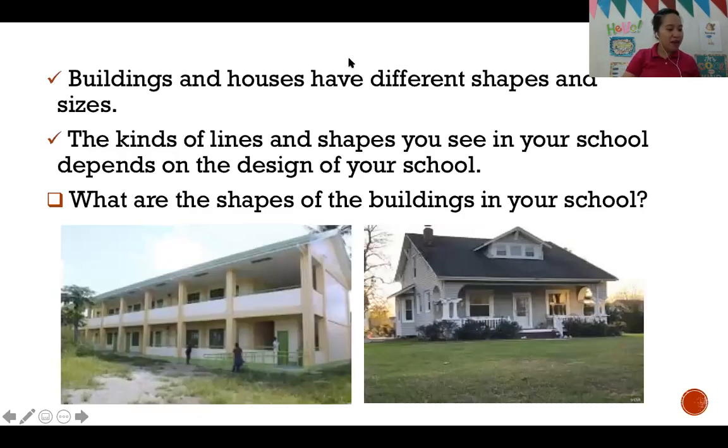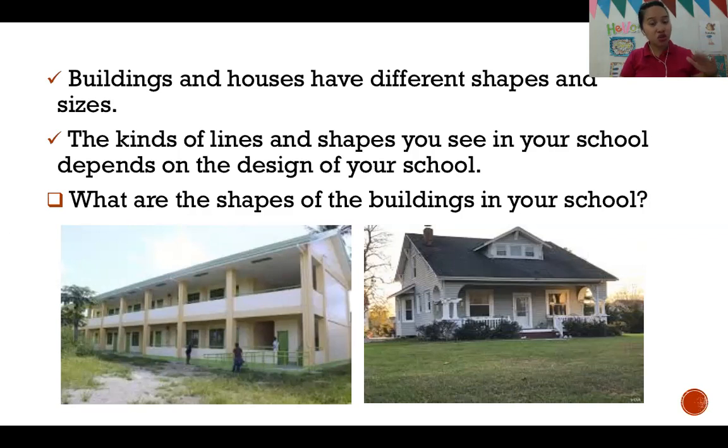So we are now on page 123. We go to page 123. Next page lang. Okay? So on page 123, buildings and houses have different shapes and sizes. If you try to see, in the city, in Cagayan de Oro, where we usually go before, the buildings there are big, right? They have tall buildings.